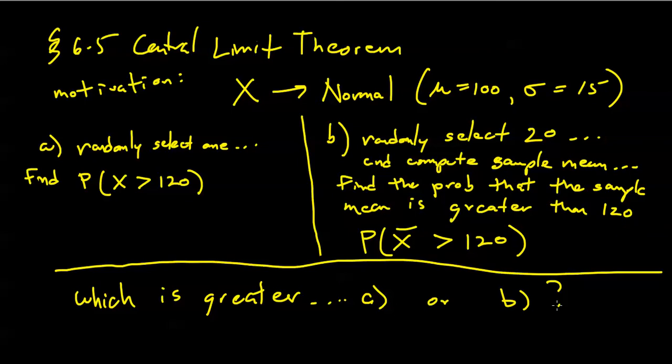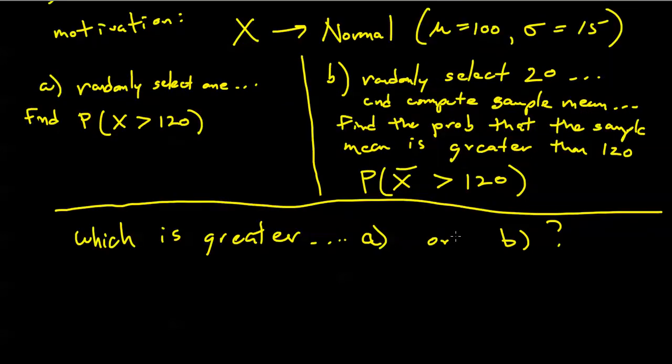You might want to pause and consider this, because this is really central to the study of the central limit theorem. I'll let you pause for a moment. Alright, it turns out the probability in part A should be greater than the probability in part B. Let me discuss why for a moment.